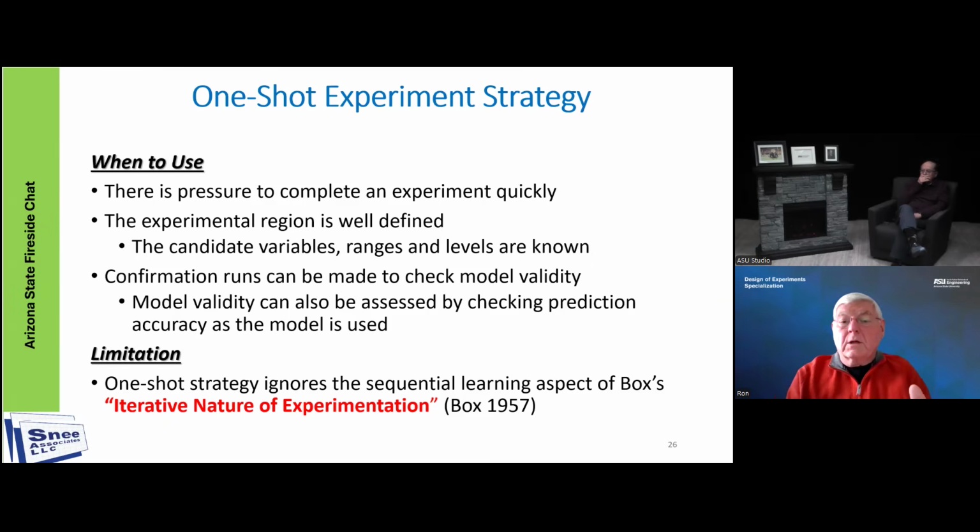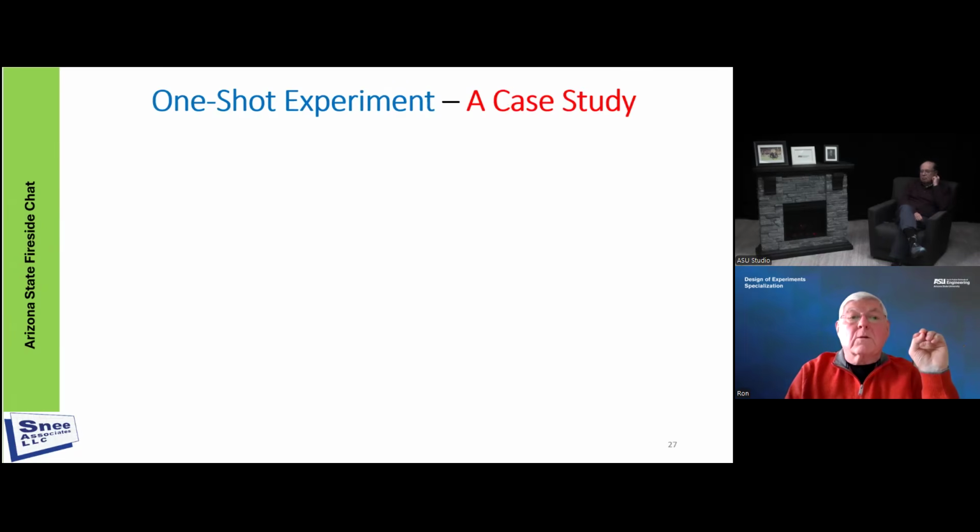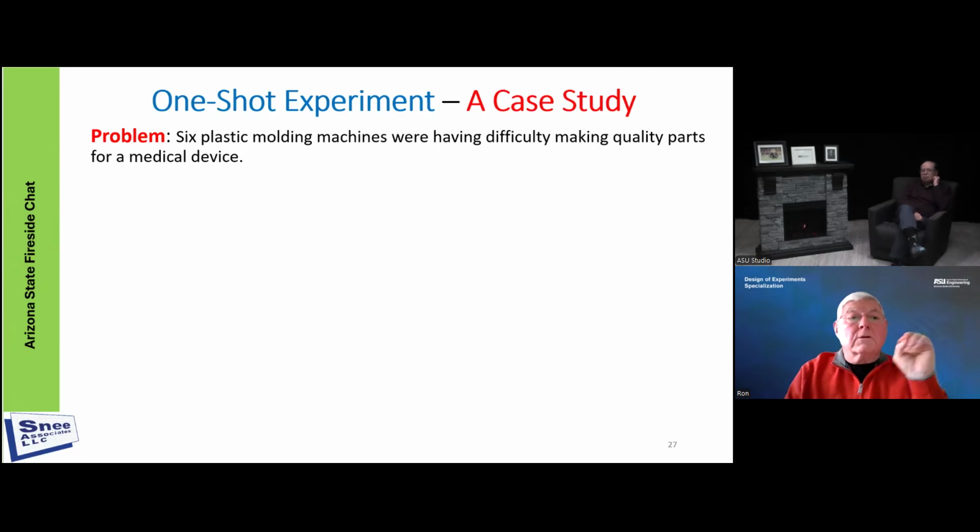You need to use the sequential learning aspect of the iterative nature of experimentation: starting with screening, maybe going to optimization, maybe doing characterization before you get to optimization. So learning is sequential.